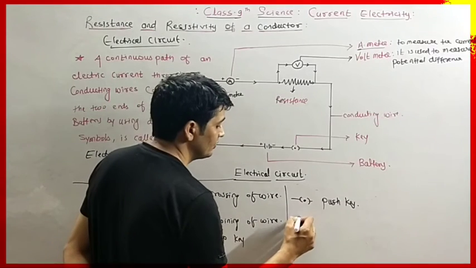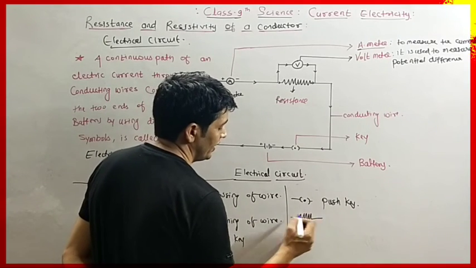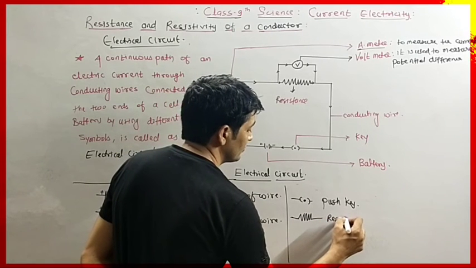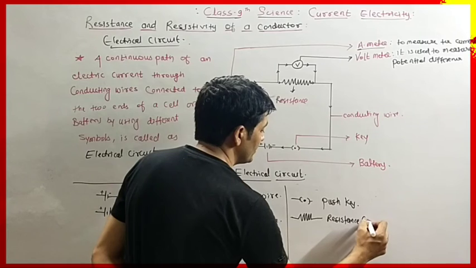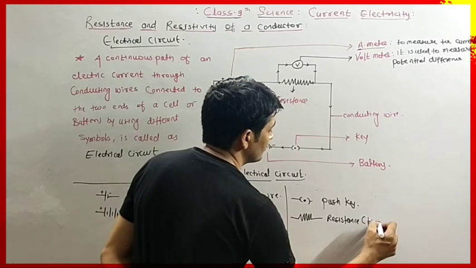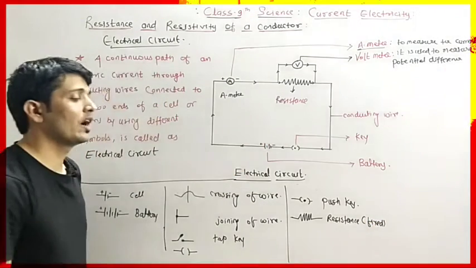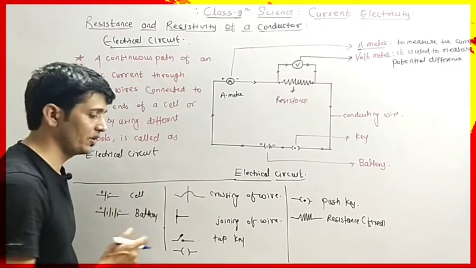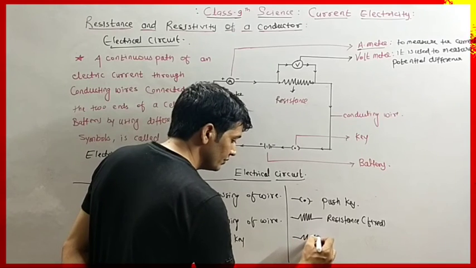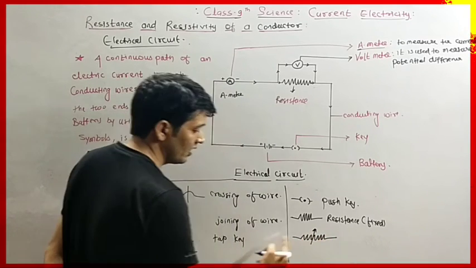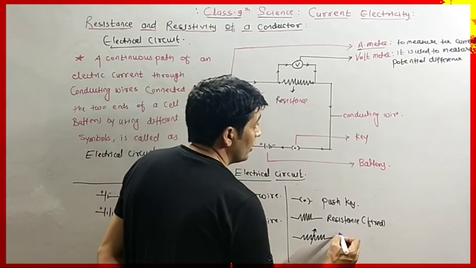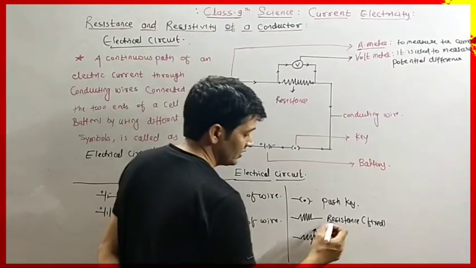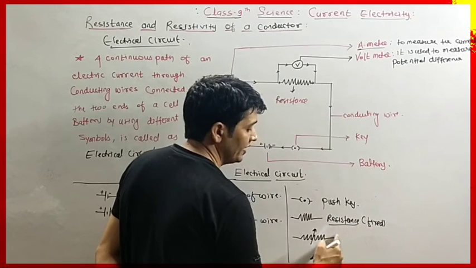Then we have the resistance, but it is the fixed resistance. It is the fixed one. A resistance whose value you can't change is called a fixed resistance. Okay, but here the symbol is different, and it is the variable resistance. You can change its resistance. So it is the fixed one, and it is the variable resistance.